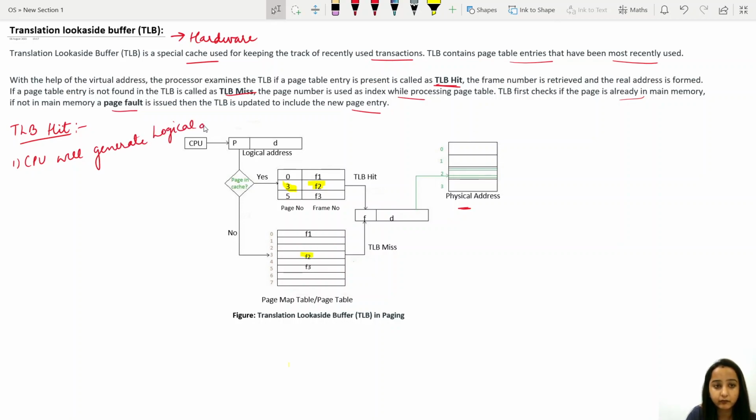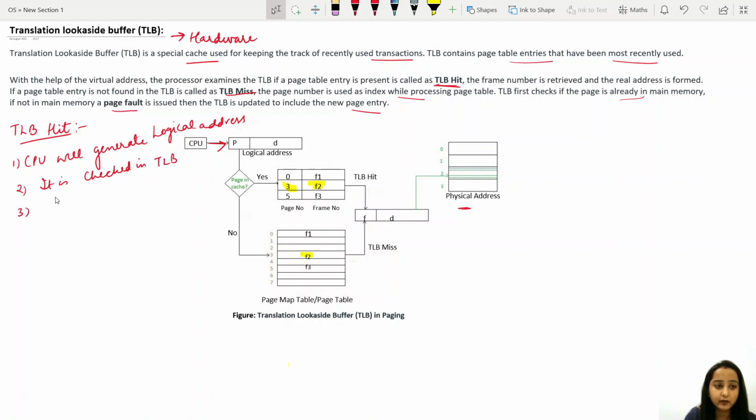The logical address is the combination of page number and offset. From there, we will check whether that page is present in the cache or not. So second, it is checked in the TLB.